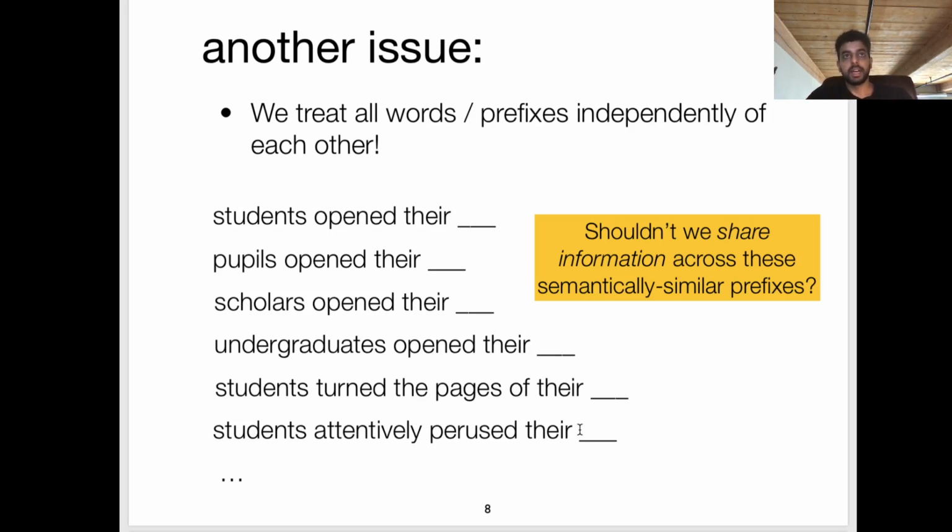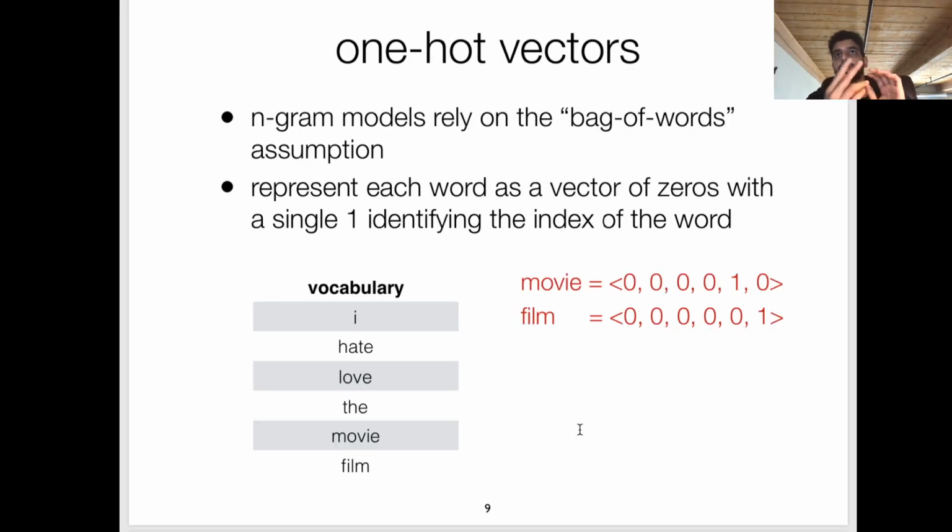So at this point, we'll go over two ways of representing words. First, we'll start with the representation method used by n-gram models and many other bag-of-words style models. For example, the naive Bayes classifier, which we're not covering in this class, also relies on this assumption. And commonly when you're setting up a logistic regression model for NLP, you're also going to rely on this bag-of-words assumption. At the core, it's very simple.